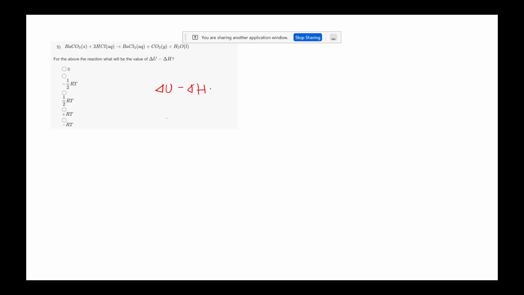Here n means the number of mole changes of products, and in this equation there are some products on the right hand side, and the reactants on the left hand side.